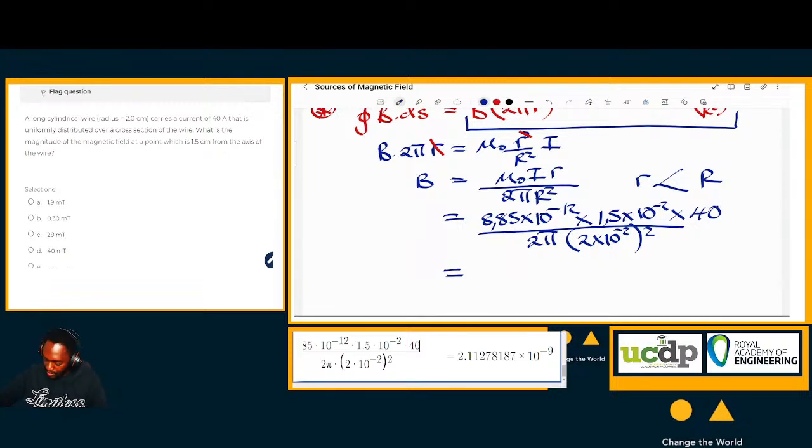Could I be missing something? 2 pi R squared, (1.5 times 10 to the negative 2). And there's nothing of that sort.